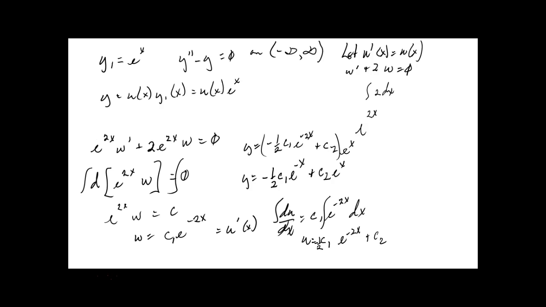Now, here's the part that kind of drives me nuts. They say, by using C2 is equal to 0 and C1 is equal to 2, we get the desired solution of y2 is equal to e to the minus x. Now, in my mind, just say this is a new constant.